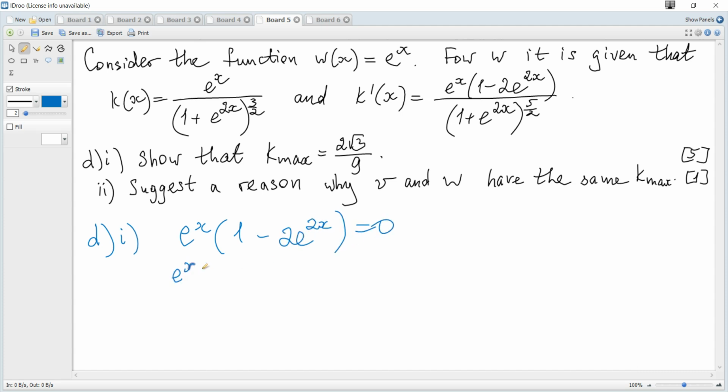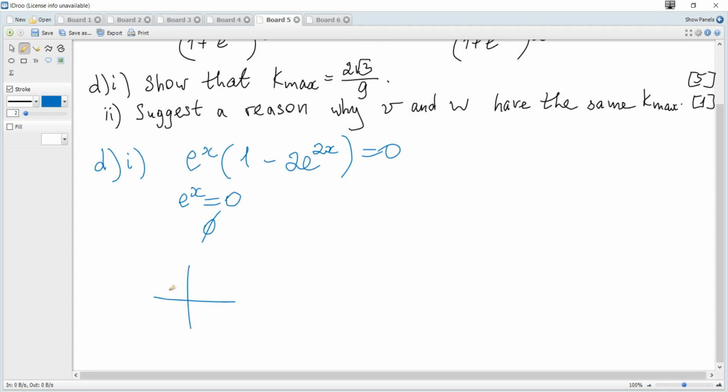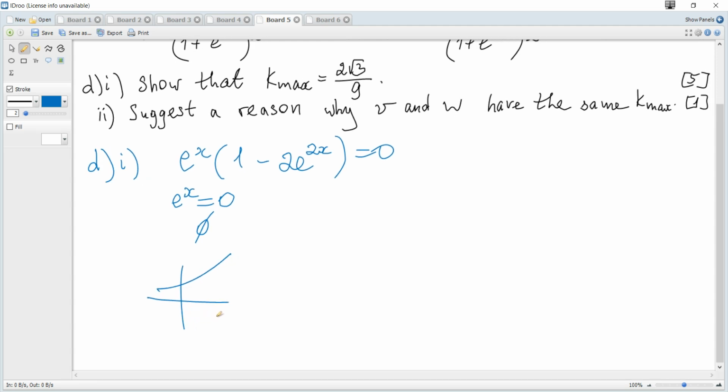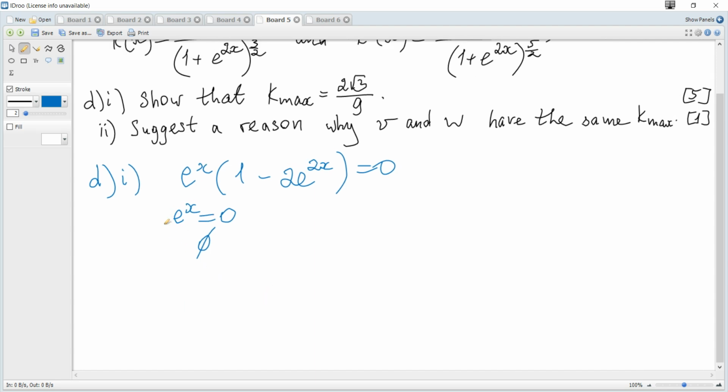E to the power of x cannot be equal to 0, there are no solutions when e to the power of x is equal to 0, because the graph looks like this. It doesn't intersect the x-axis, or if you try to apply ln, it becomes ln of 0, and due to the domain it doesn't exist at all.